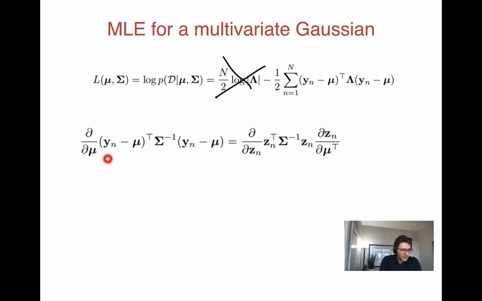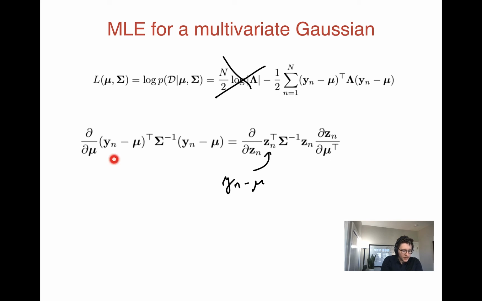So we have this expression here, yn minus mu, sigma inverse yn minus mu. We can use the chain rule of calculus, different than the chain rule of probability, to do this. So let's define this value here, Zn equals Yn minus mu.